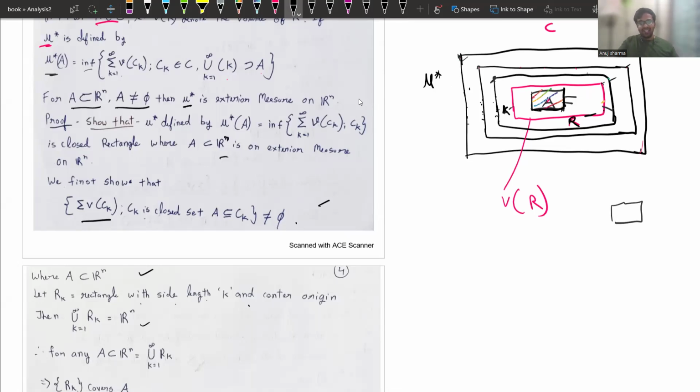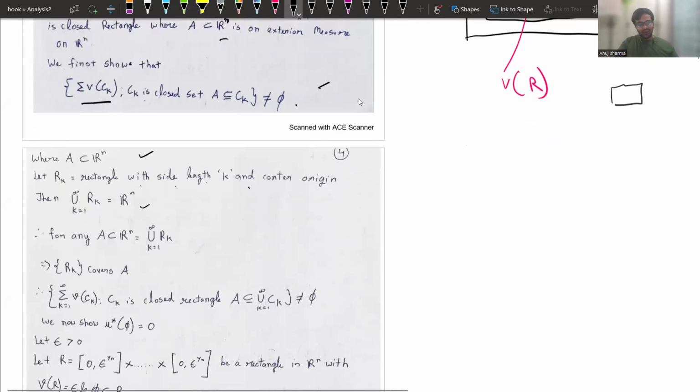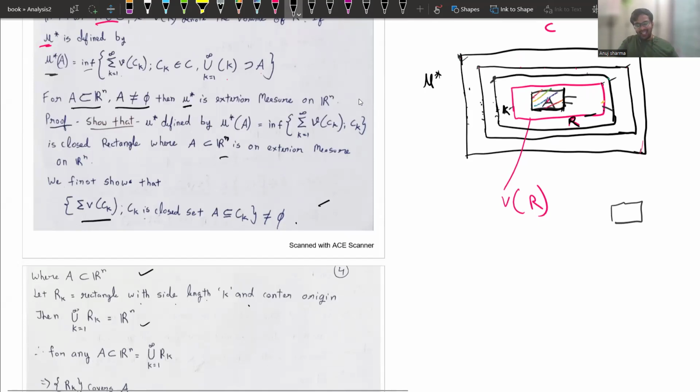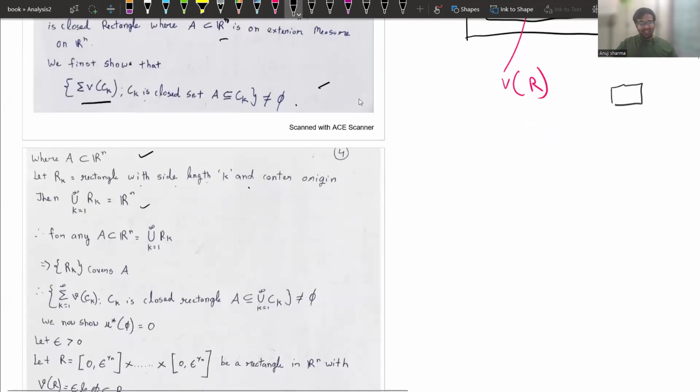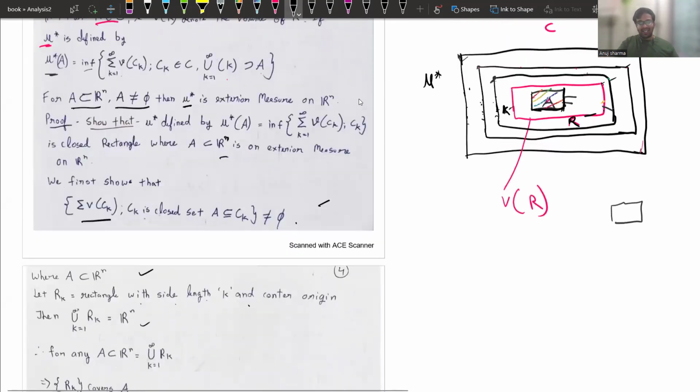This rectangle, this, all have length K. Then for any A subset of Rn, let's take this A. It is a subset of Rn, a real number. It's saying it consists of the union of RK.